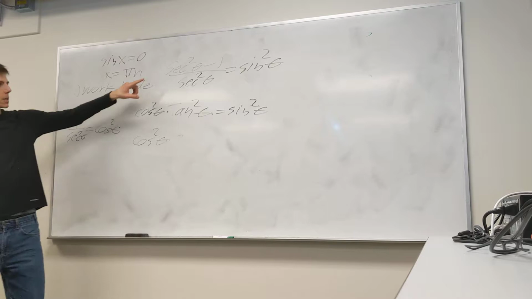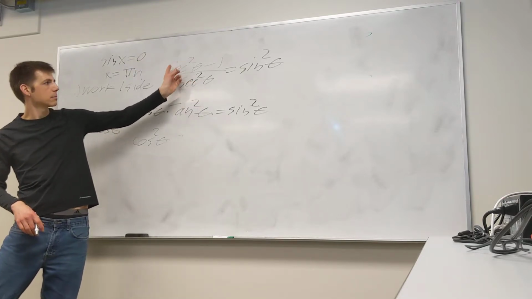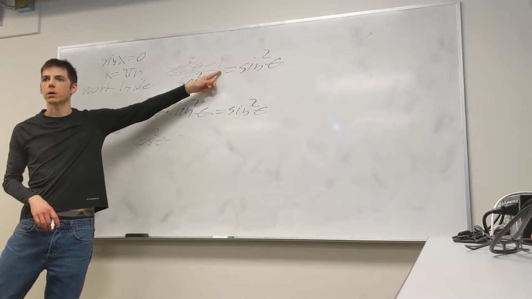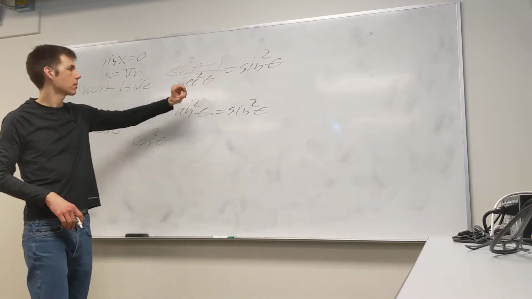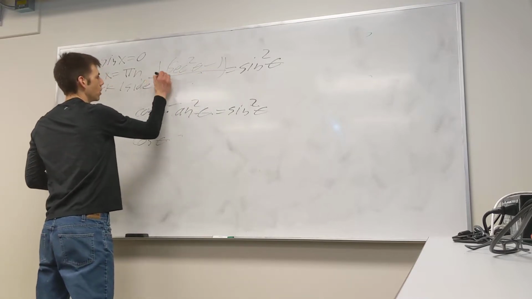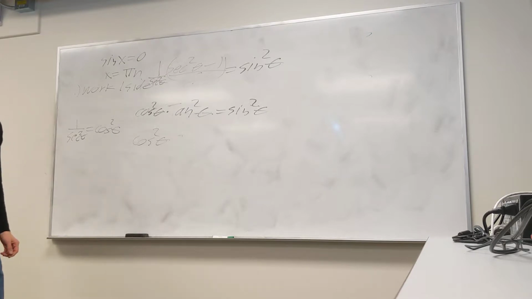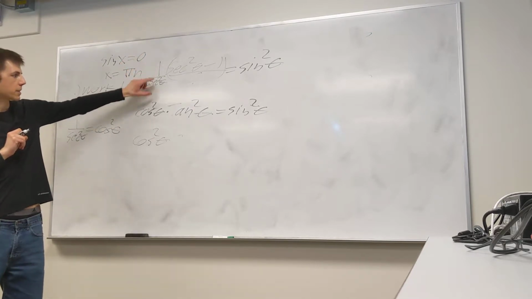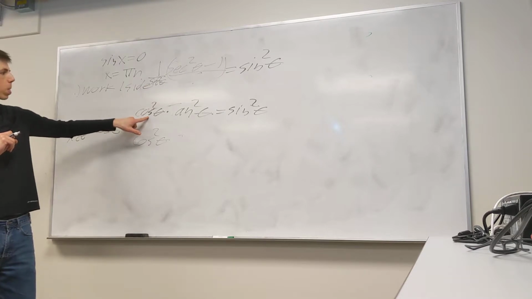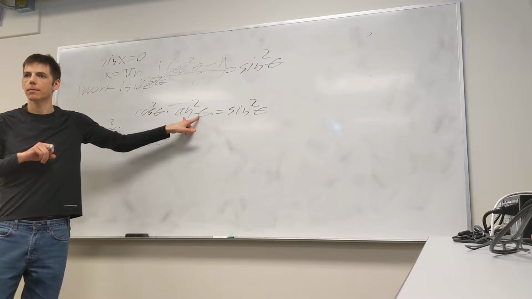And so this here is 1 over secant squared theta times quantity secant squared theta minus 1, right? So I could rewrite this 1 over secant squared theta like that, right? And so 1 over secant squared theta is actually cosine squared theta. And secant squared theta minus 1 is tangent squared theta, right?